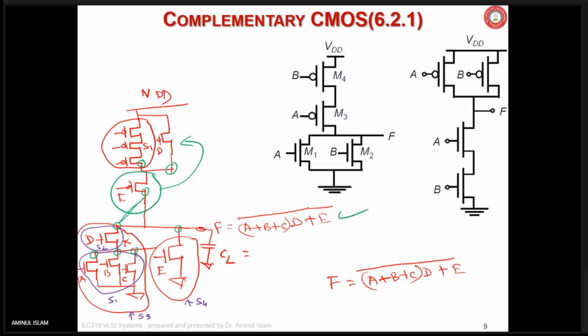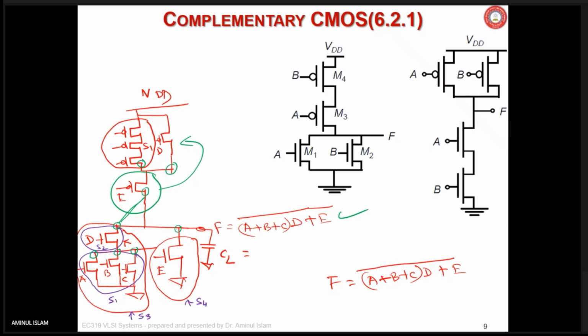I'll be going fast now. Sir, this S4 and S3 can be replaced, there wouldn't be any problem? Like placing S4 on the left and S3 on the right.